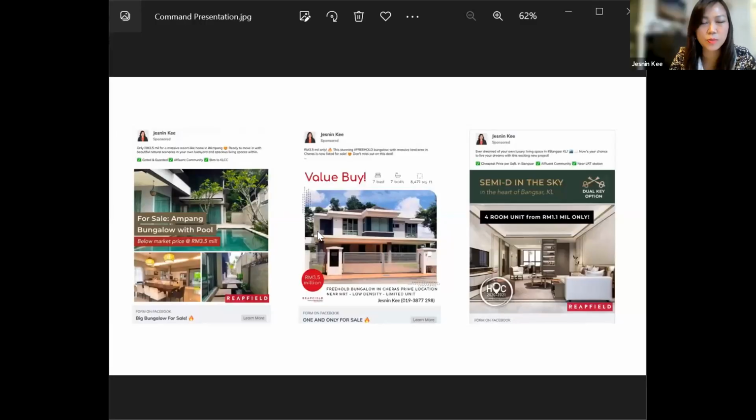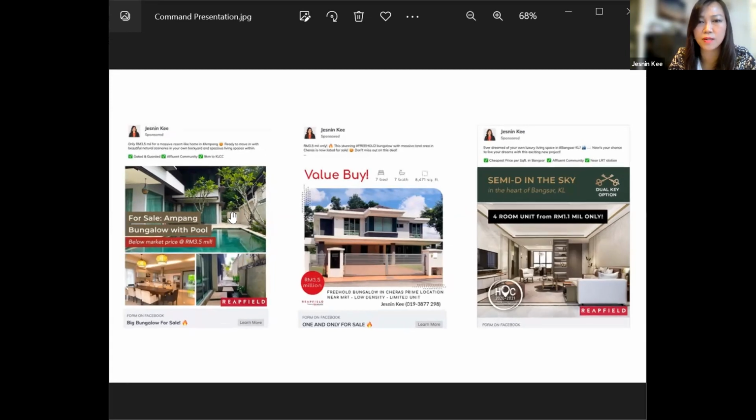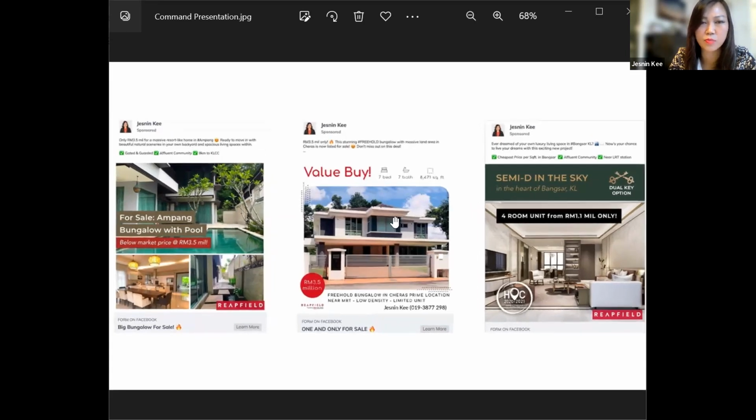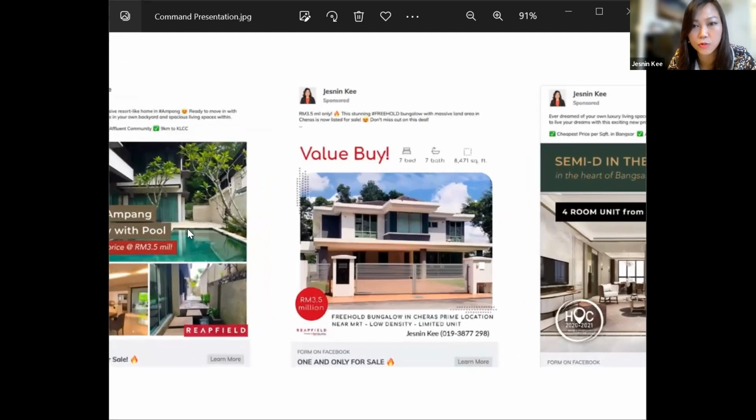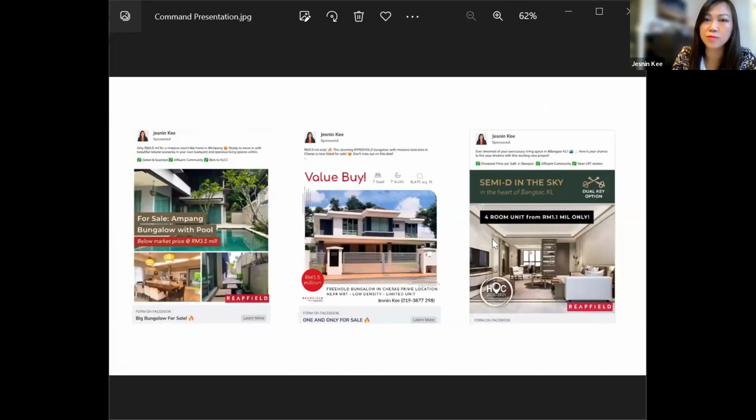I think this one, some of you may have seen it before, but I just want to explore further. These are the three properties that I have closed, and the total value is about 8 million.